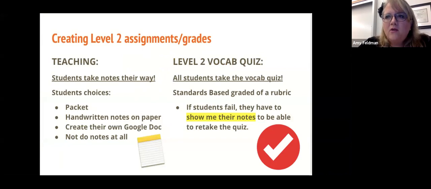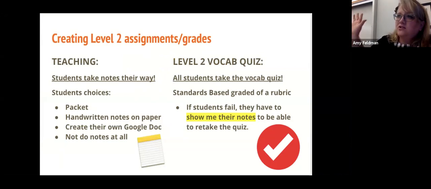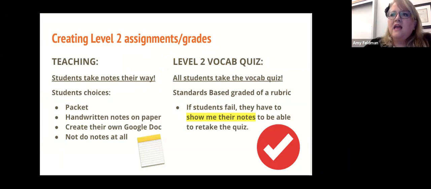I would put up a PowerPoint on the projector in my room, and I would say, "Okay, you have to make a copy of this notes on your Google Drive, and then you have to fill in the blanks when I tell you to, and you have to do it my way." Okay. Then it dawned on me that half of the kids were zoning out. They were not comprehending what I was telling them because I thought that's how I needed to teach. So I changed the way I teach my information.